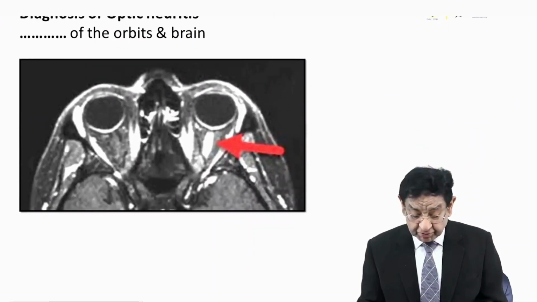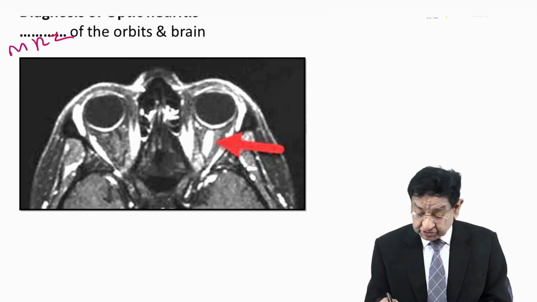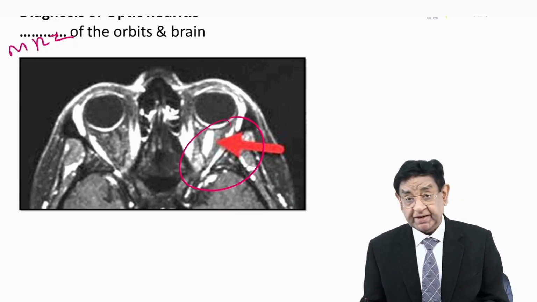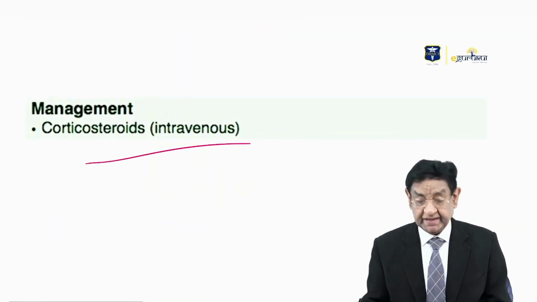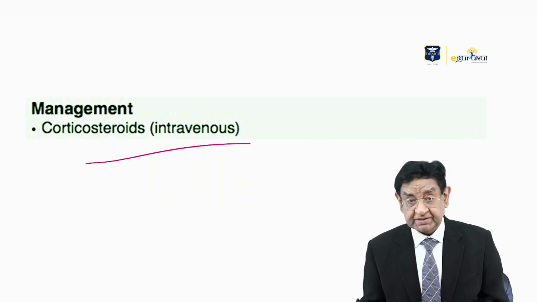So how do we diagnose? MRI of the brain is the best way to diagnose. You can see the swelling, and this is what we can see, comparative MRI. How do we treat? Intravenous steroids are the mainstay, and it's an emergency, otherwise the patient can lose eyesight.